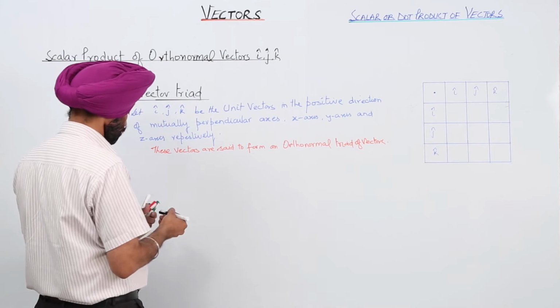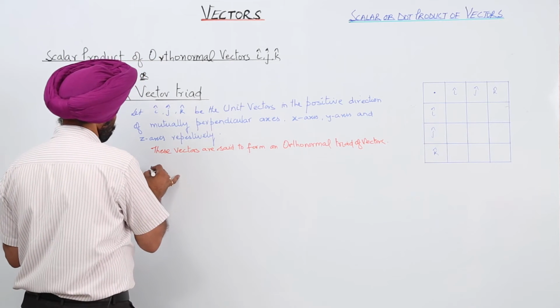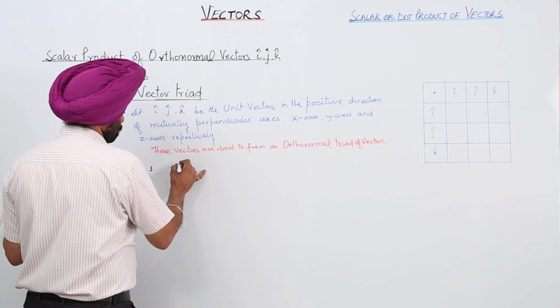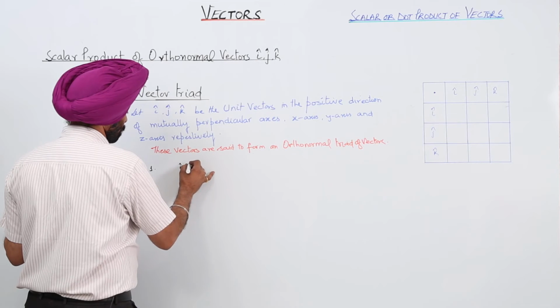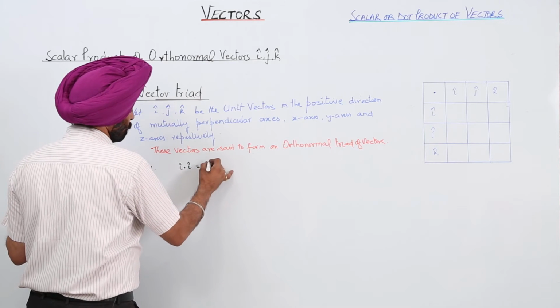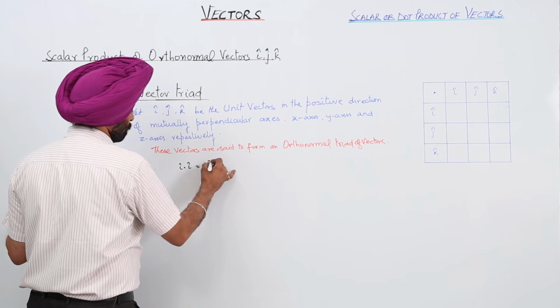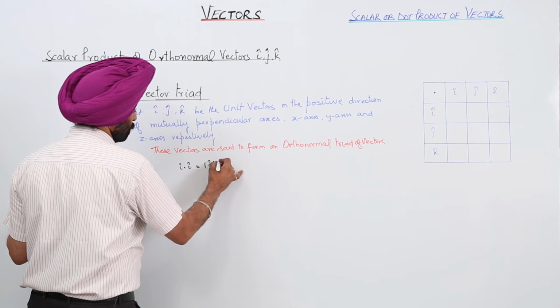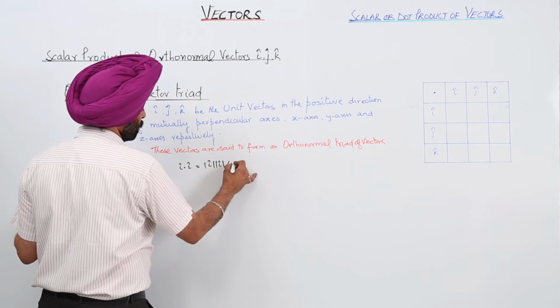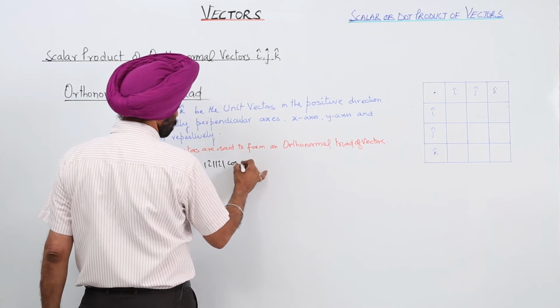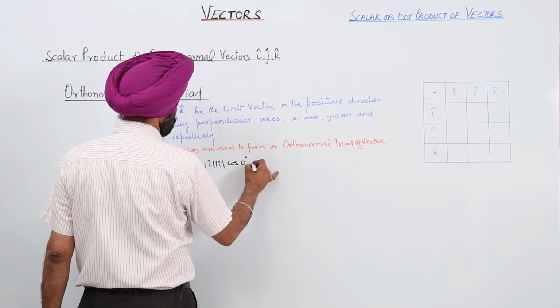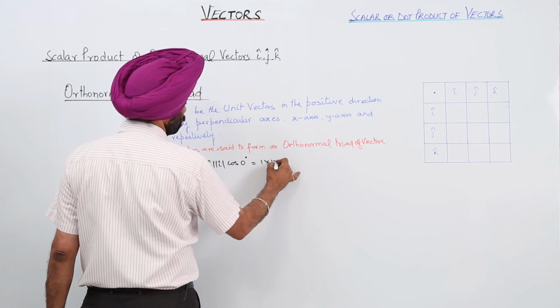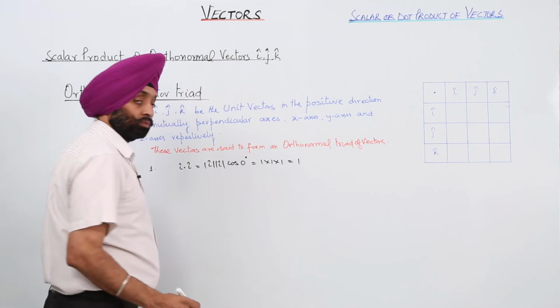Now number one, i cap dot i cap. The magnitude of a unit vector, we know that it is 1, with cos 0 degree. This is equal to 1 into 1 into 1, which is equal to 1.